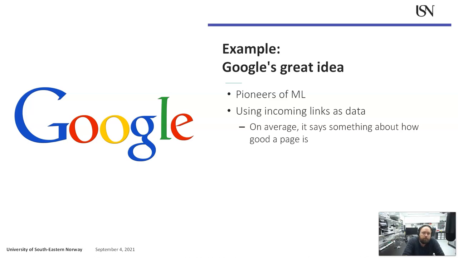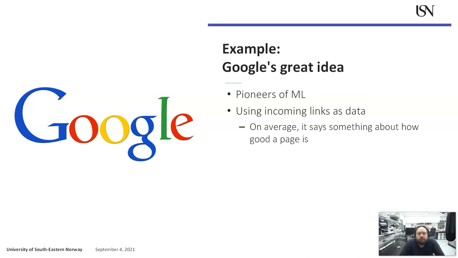That's why you link to a page. And the more incoming links a certain page had, the better it probably was, because the more other web designers thought, I want my users to read this particular page.